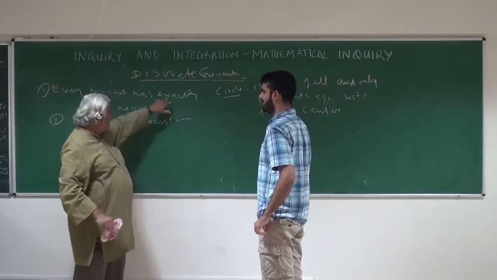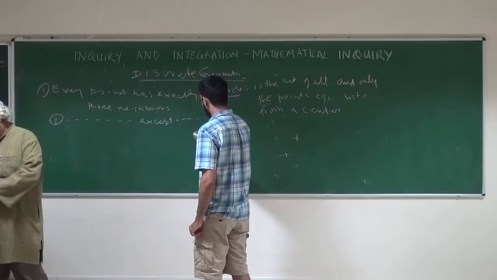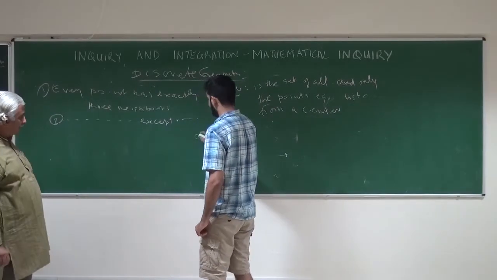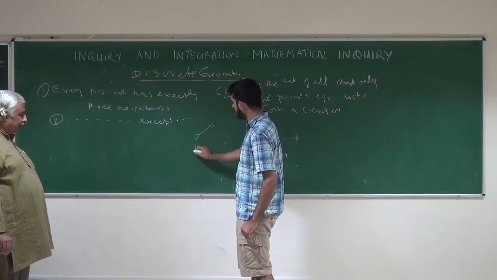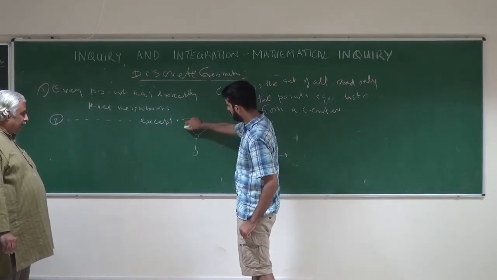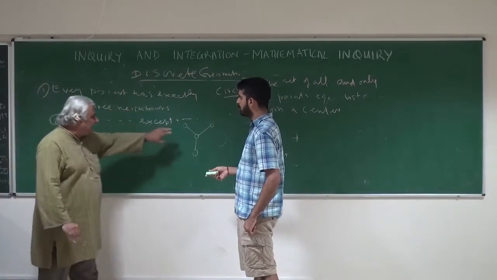Let's look at this one. So let's create a world like that. Let's go the same way: we put a point down, and let's add 3 neighbors to it. So this condition is satisfied by this object.